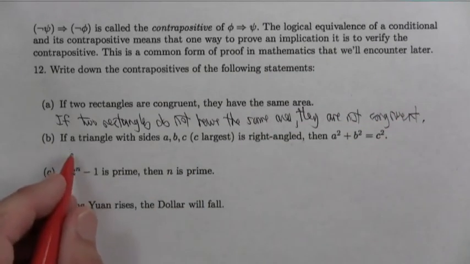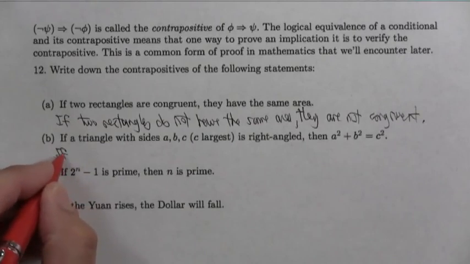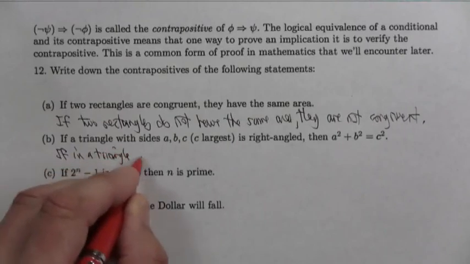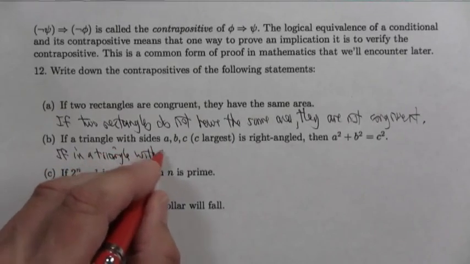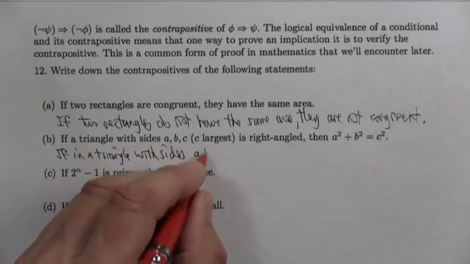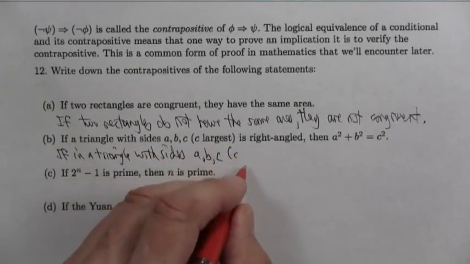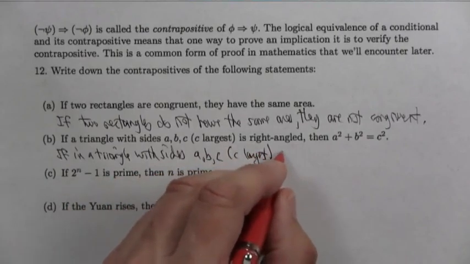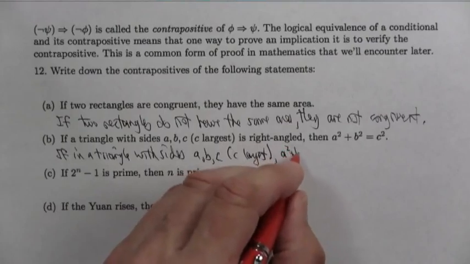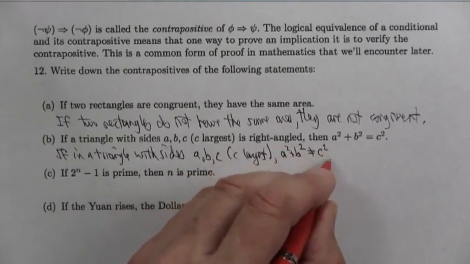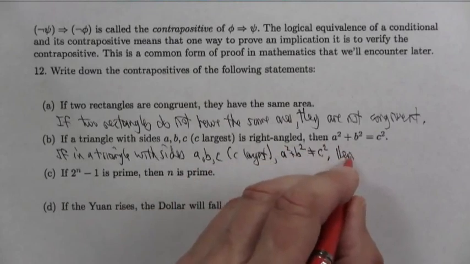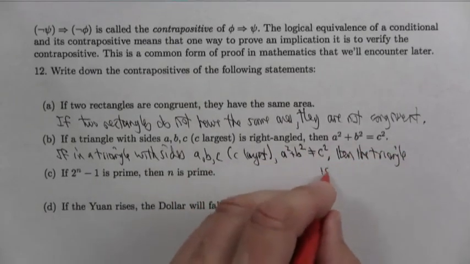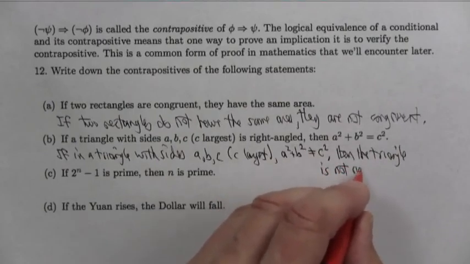Number two, the contrapositive would be: if in a triangle with sides A, B, C, with C being the largest, it is the case that a squared plus b squared is not equal to c squared, then the triangle is not right-angled.